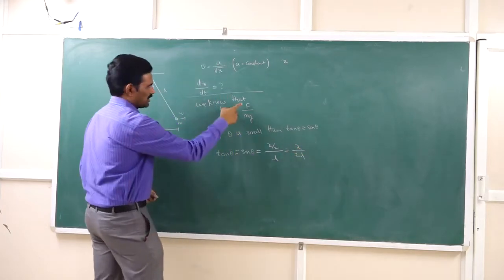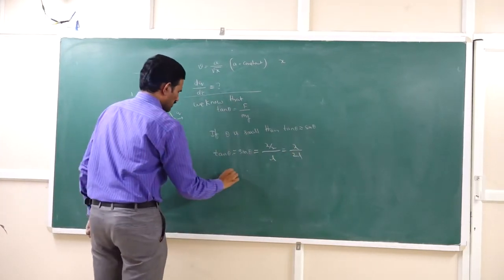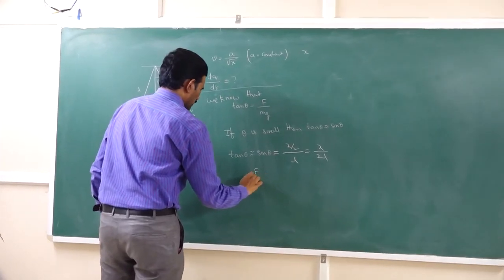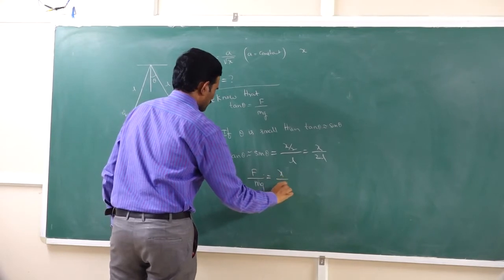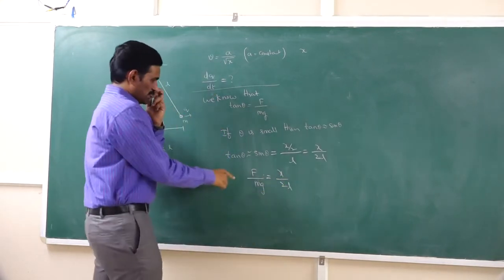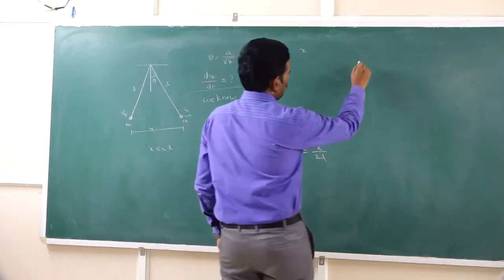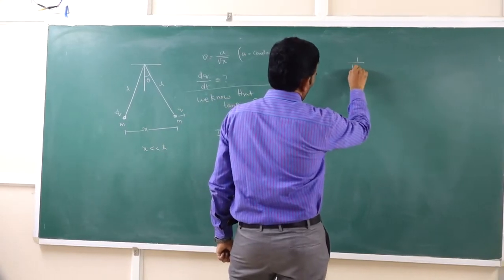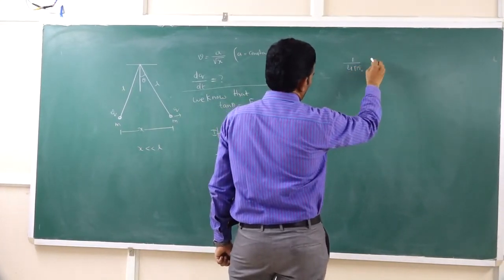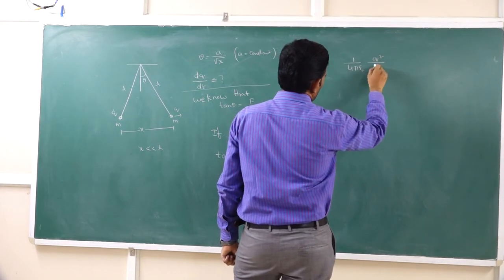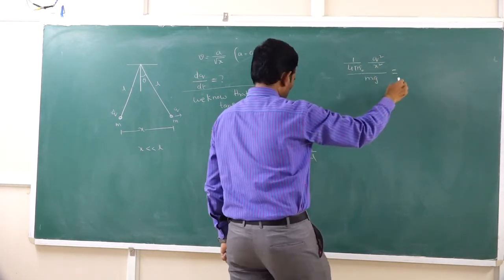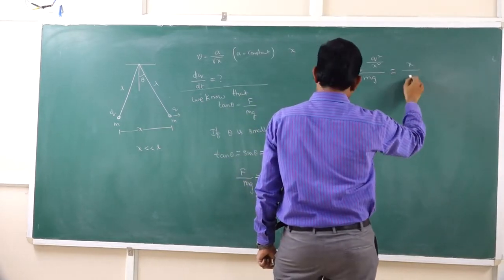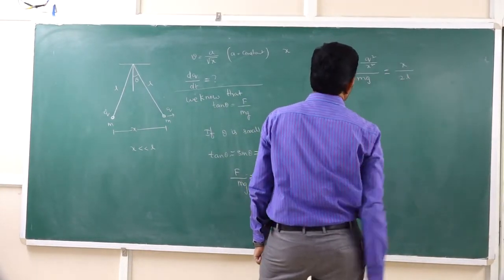Now tan theta is nothing but this expression, so let us equate that: f by mg is equal to x by 2L. Let us substitute the f expression here. f is 1 by 4 pi epsilon naught into q square by x square, divided by mg, and this is equal to x by 2L.